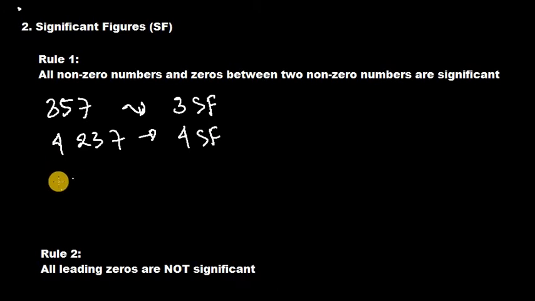If we have 5003, since we have zeros between two non-zeros, we can count them as significant figures. So we have 1, 2, 3, 4 significant figures. That is rule number 1. I hope that's clear enough.